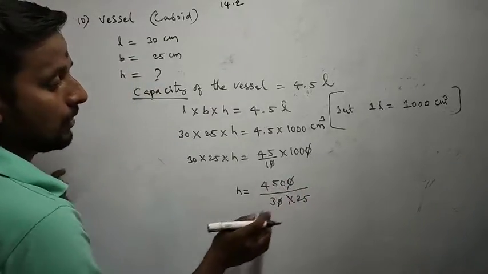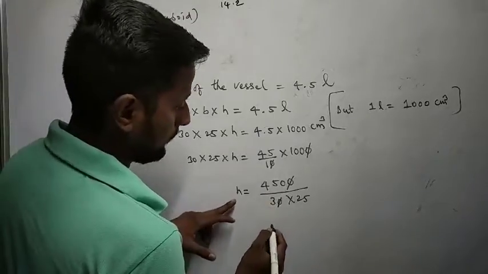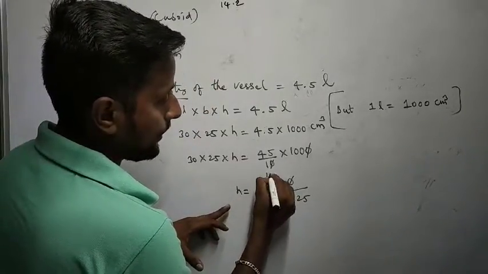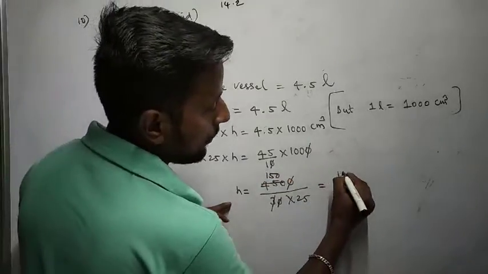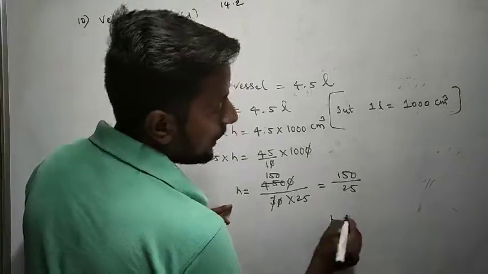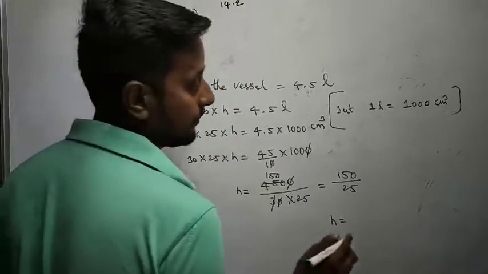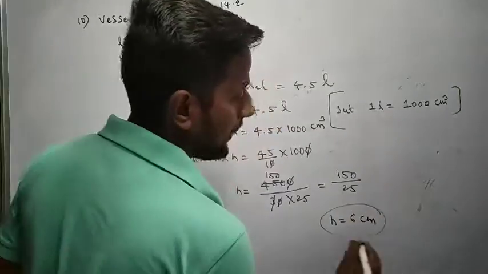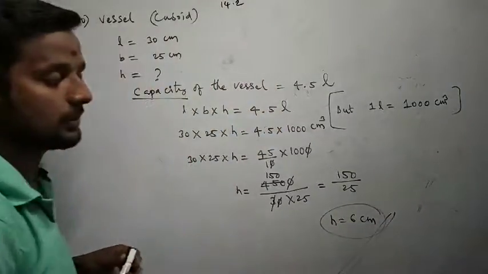Better to cancel 3: 150. So simple, 150 by 25. So H value 6, because 25 sixes are 150. So height of the vessel is 6 centimeters.